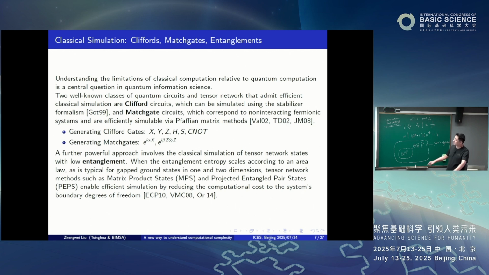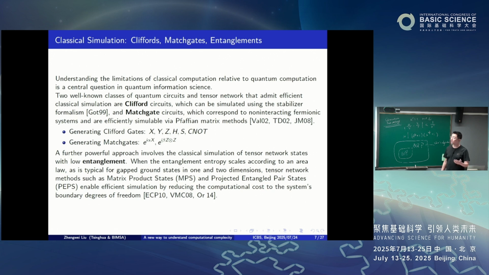And another thing is this generating gate set called matchgates. It's closely related to the Ising model. You can just take a 1 qubit transformation in the x direction and a 2 qubit transformation in the z direction. But still, all their compositions will produce many interesting circuits, but they can be simulated classically, because they can be computed using some technology of free fermions.